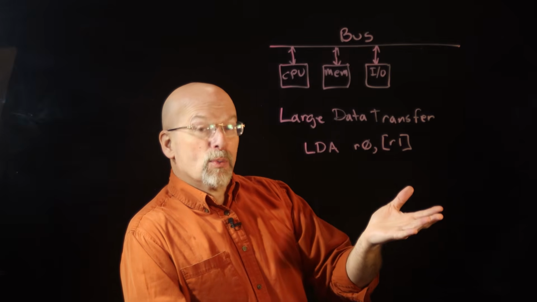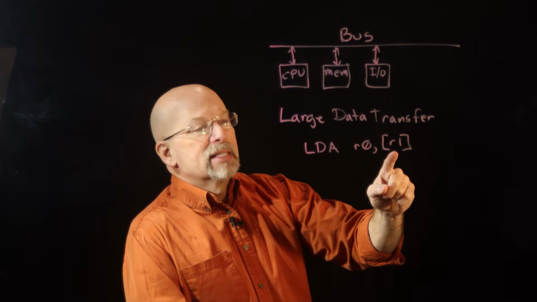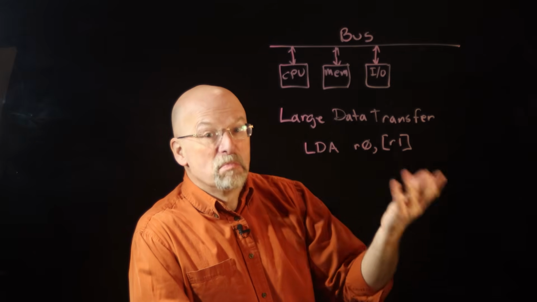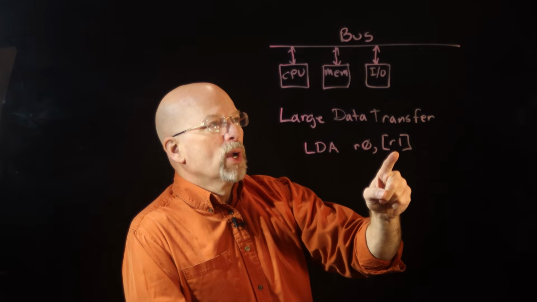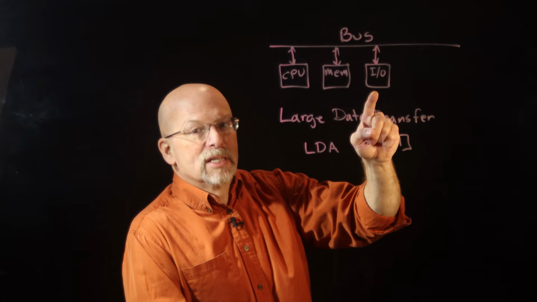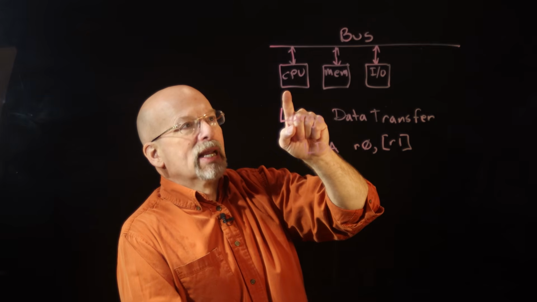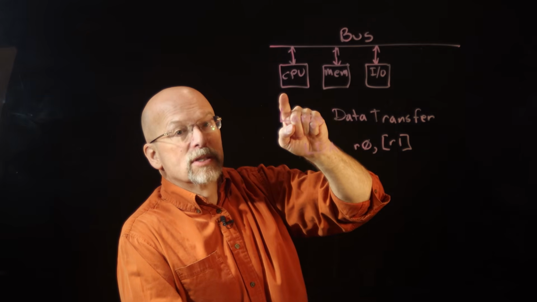And so maybe if we're receiving a large message from a network interface card, it's pointing to the address of the network interface card's buffer that allows us to bring in that data. So it's pointing to the address inside of the I/O device. And then R0 is bringing that data into the CPU. So we've got a read from I/O into the CPU.